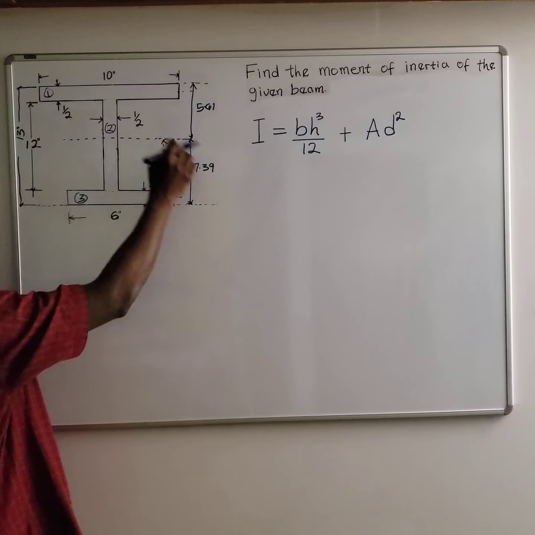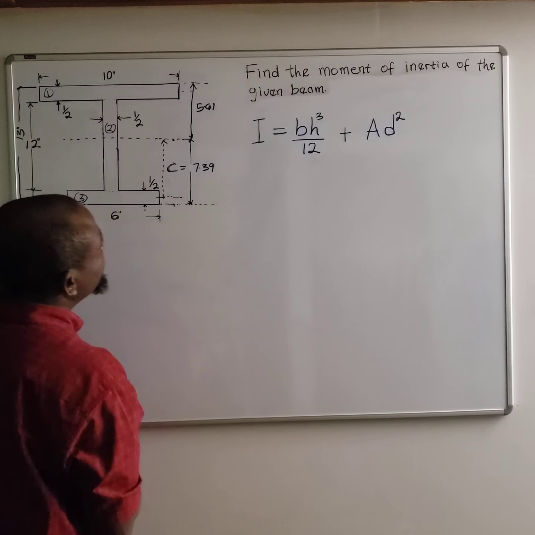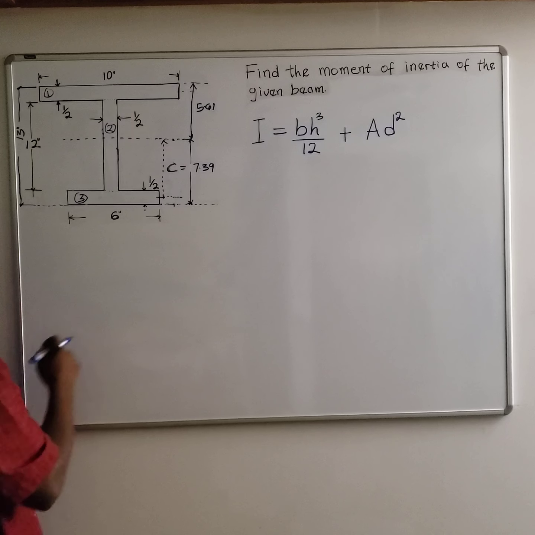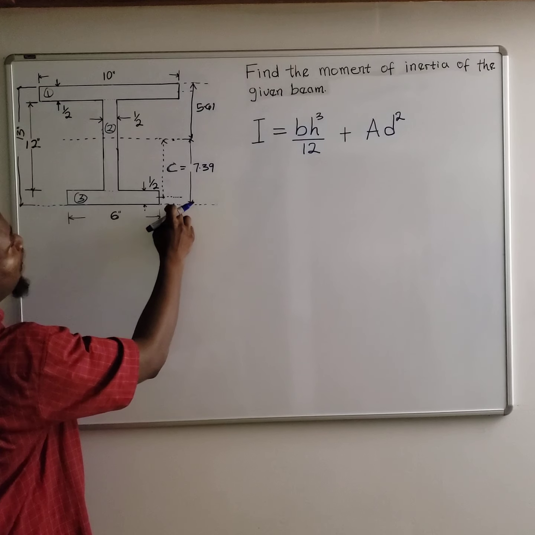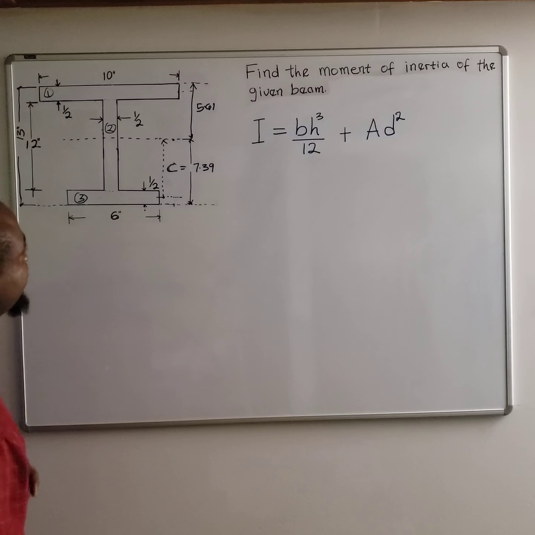So in this case, since we already know the centroid of the overall shape as 7.39, we want to calculate the D for each of these shapes. So let's do that very quickly before we move forward.